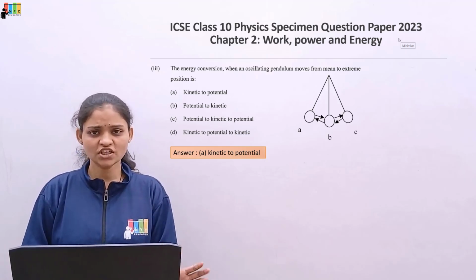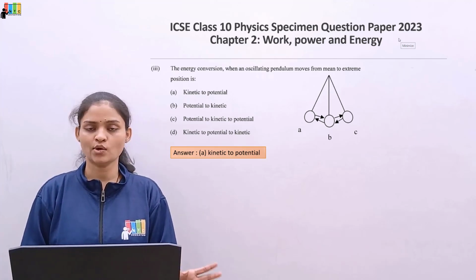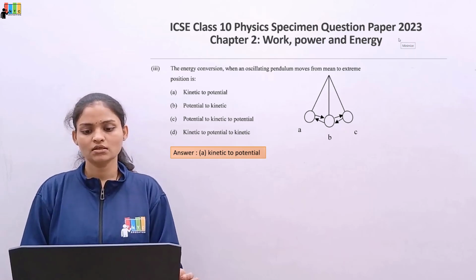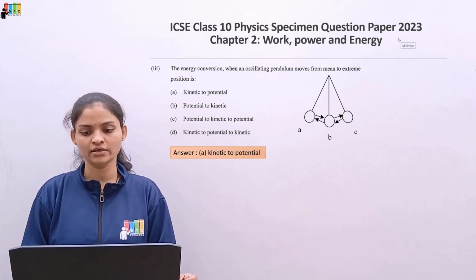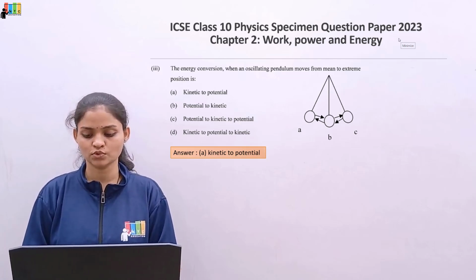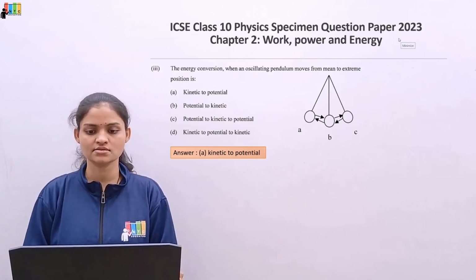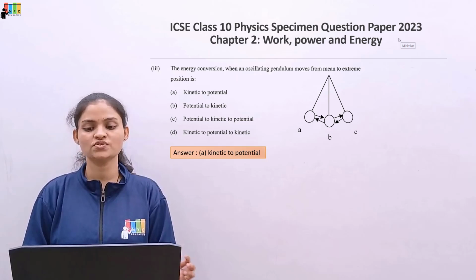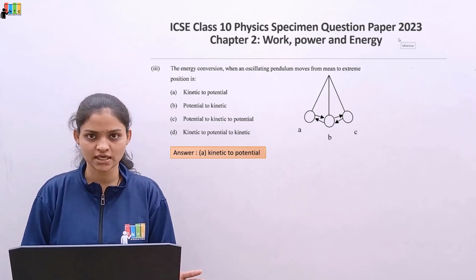Now we can see that here this oscillating pendulum is tied to a rigid support, and there are three positions. Position B is the mean position, position A is one extreme position, and position C is the extreme position in another direction.